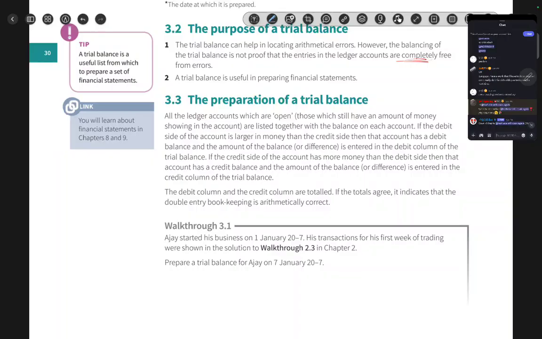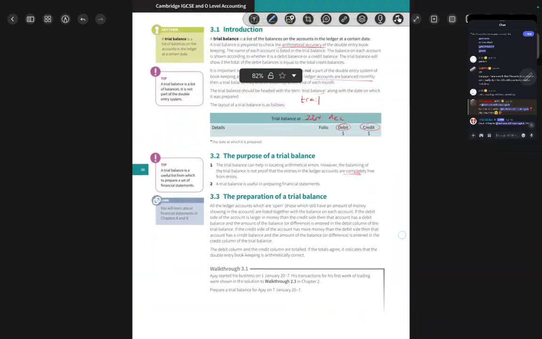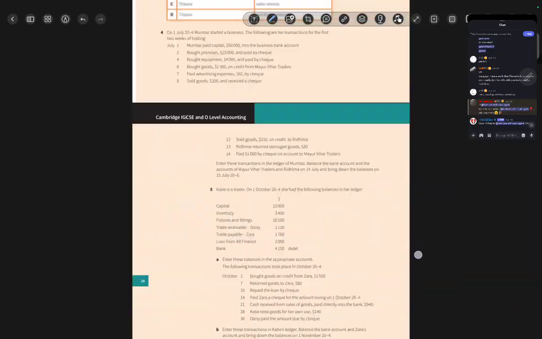If the debit side of the account is larger in money than the credit side, then the account has a debit balance and it comes in the debit column of the trial balance. And if the credit side is greater, then the account has a credit balance and is entered in the credit column of the trial balance. Now, to understand this, let's look at the example.